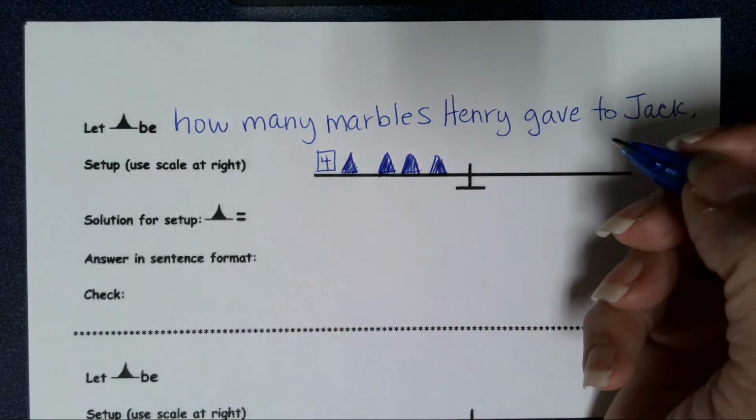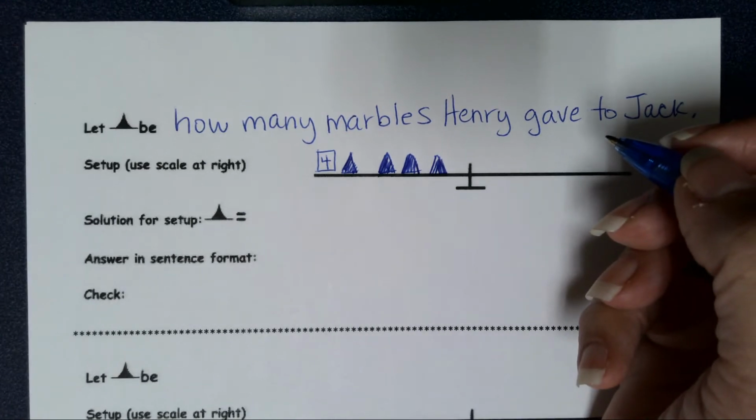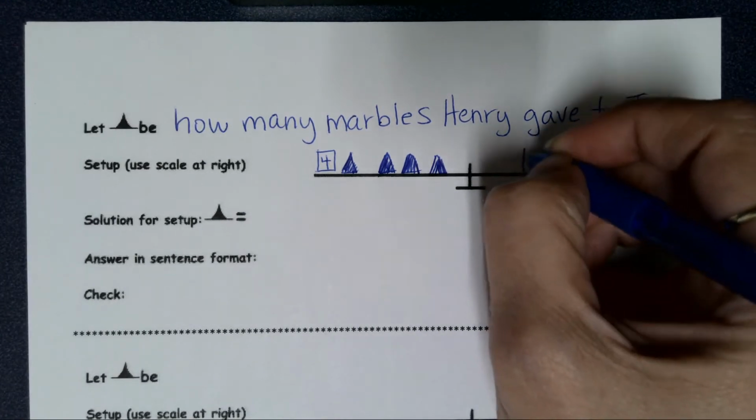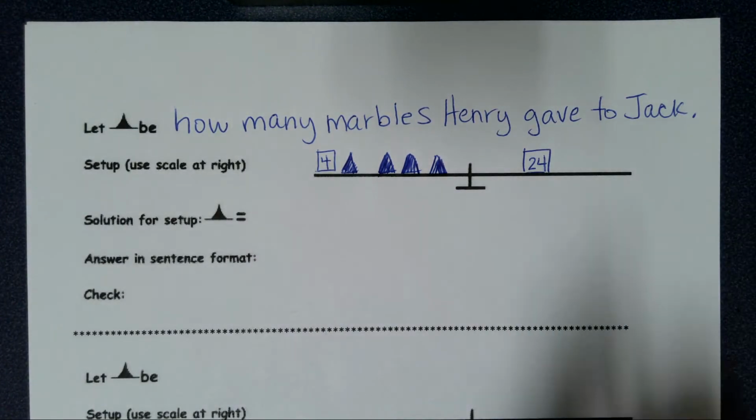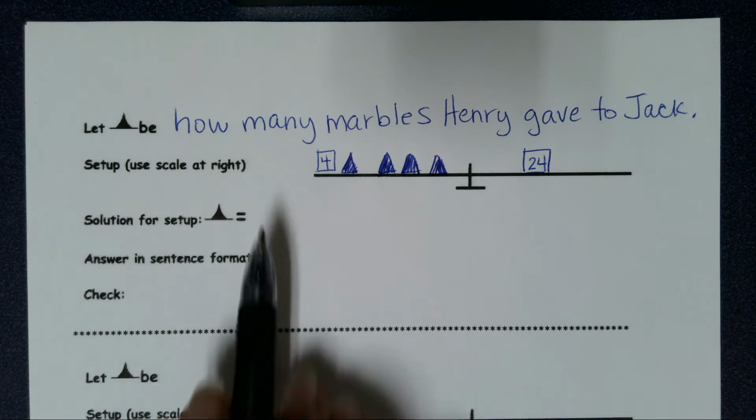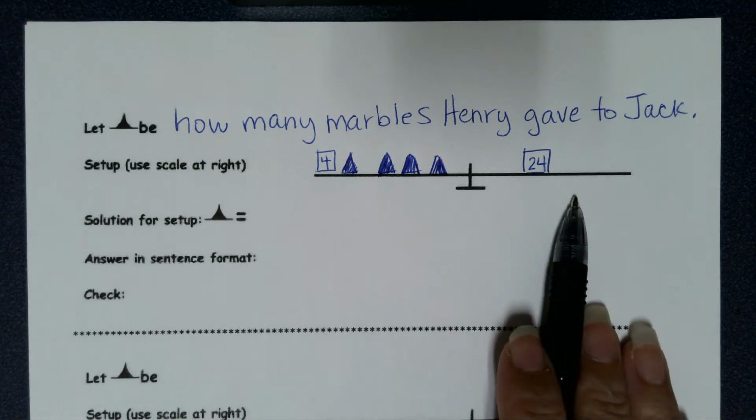And then it says, together Jack and Henry have 24 marbles. So on the right side of the balance, we're going to put our 24. I'm going to switch over to black so that I can remember what was part of my original setup and what are the changes that I make.